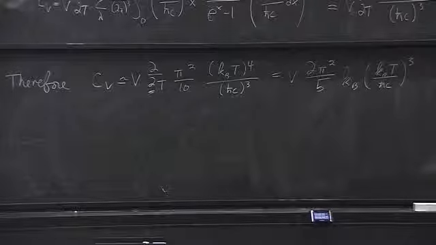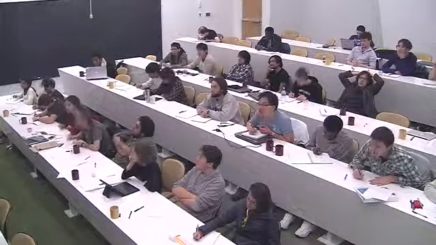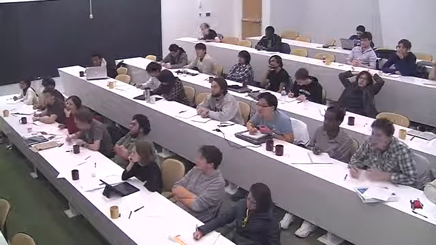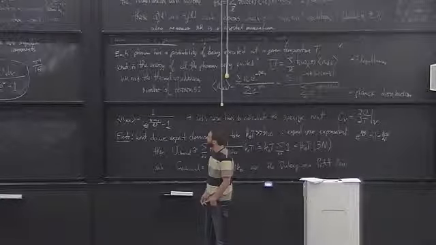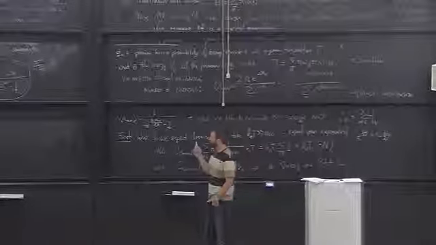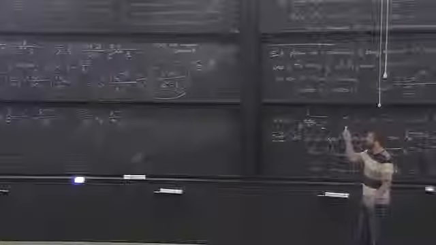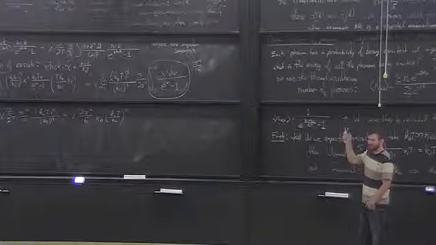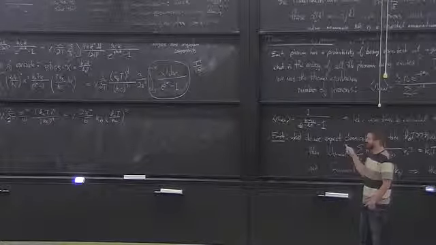Question: which of these assumptions is motivated by the fact that you're in the low temperature limit? That's a good question. I should have been more clear. I can take a low temperature limit without even assuming a form of the dispersion, which would have given me an exponential dependence if I just expanded the exponential out.